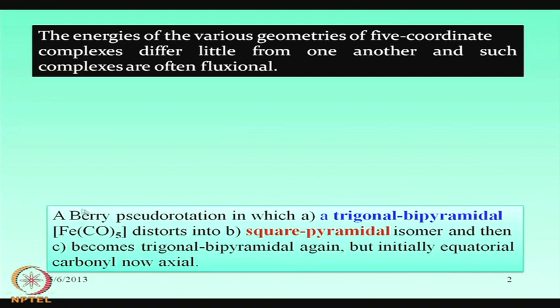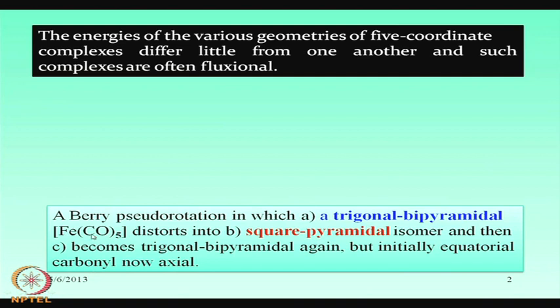Berry proposed this pseudo rotation in this particular molecule. That is why it is known as Berry's pseudo rotation, in which a TBP geometry moves towards a square pyramidal isomer and then again becomes trigonal bipyramidal. But the initially equatorial carbonyl is now axial.